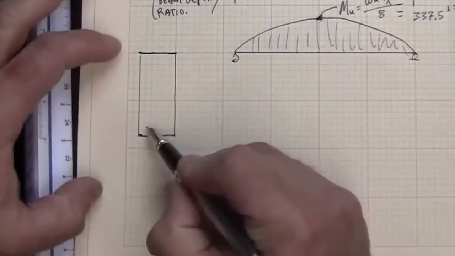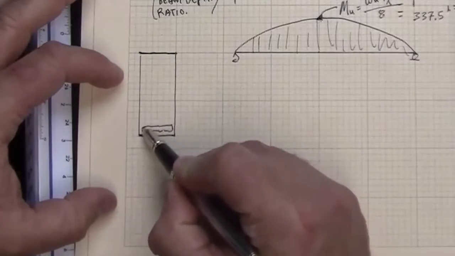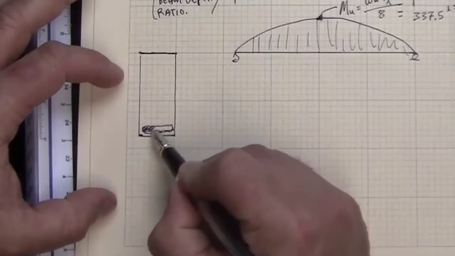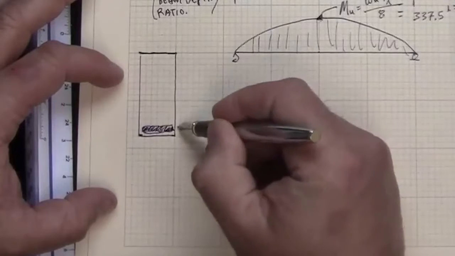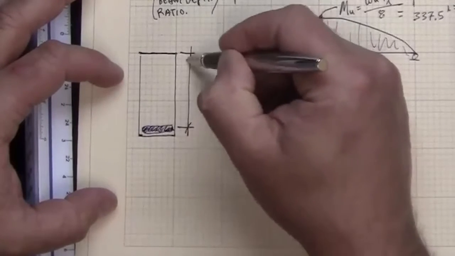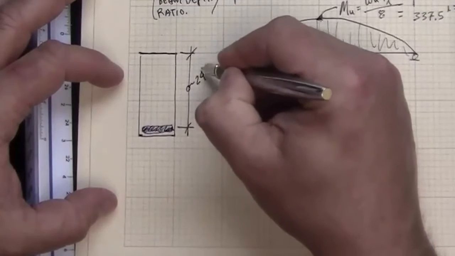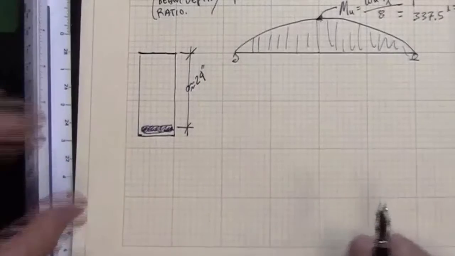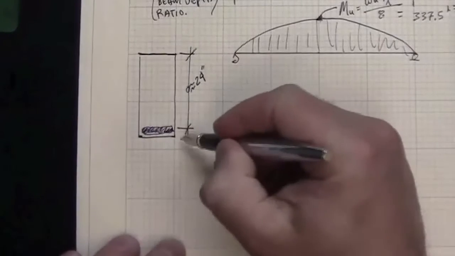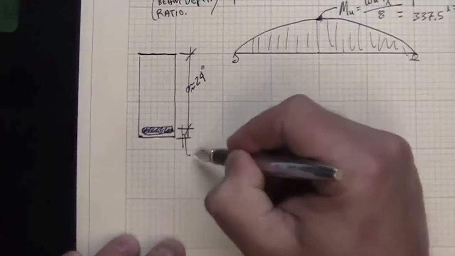Don't know what reinforcing I'm going to use yet, but it's down at this level, and often in a sketch we'll just show a block down there to represent it. That dimension I'm going to say is approximately 24 inches, and that leaves me 4 inches from the bottom to the centroid of the steel.